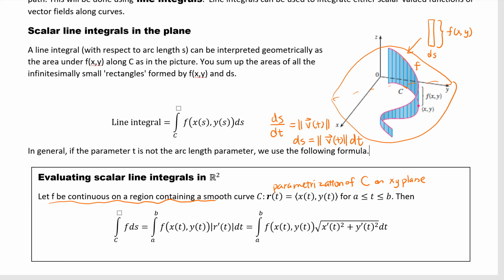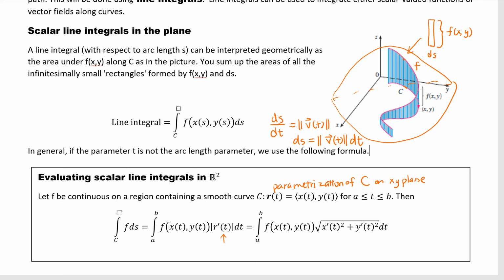Then the line integral of f equals the integral for t from a to b of f of x of t, y of t, where x and y are now in terms of t, times this guy. This is the speed.